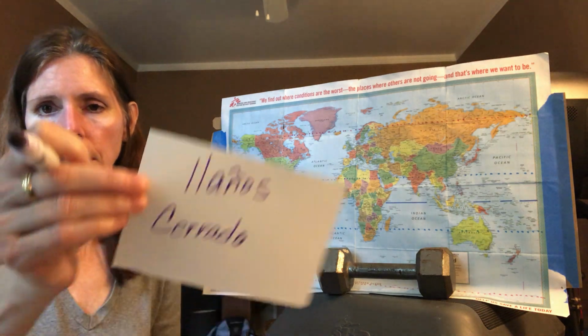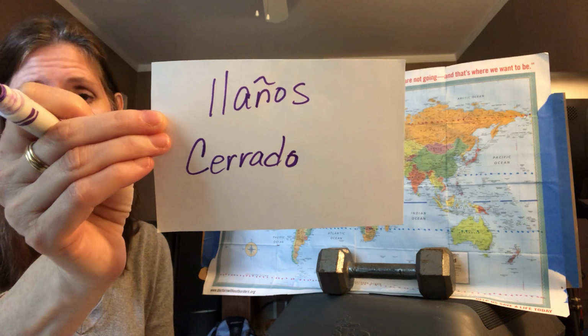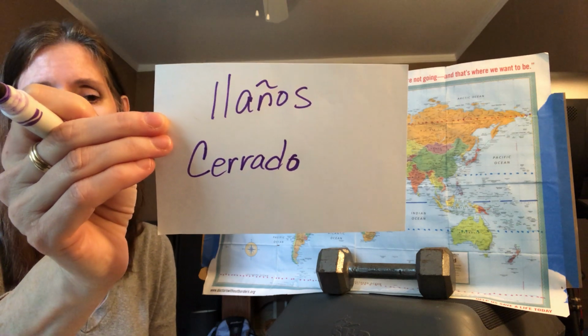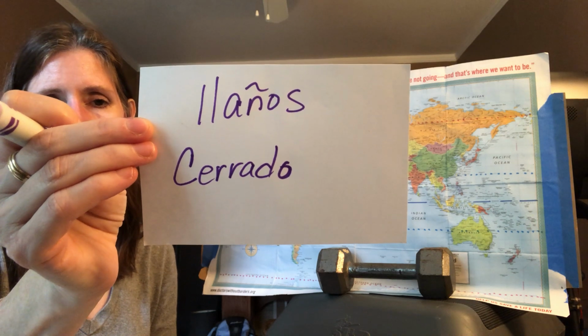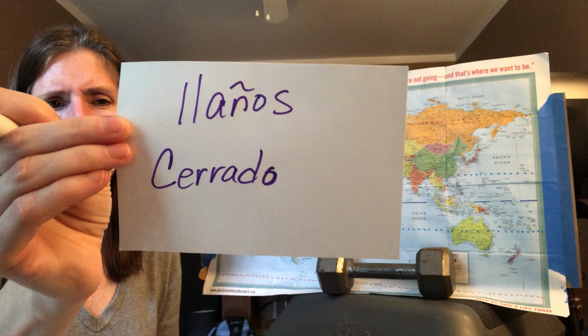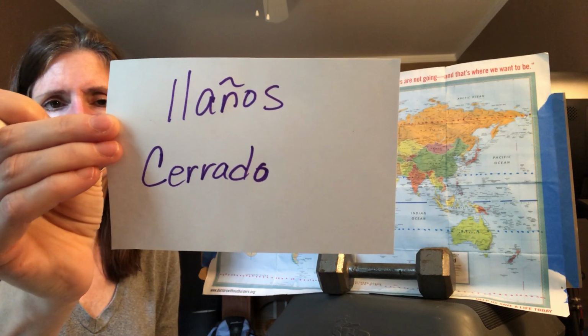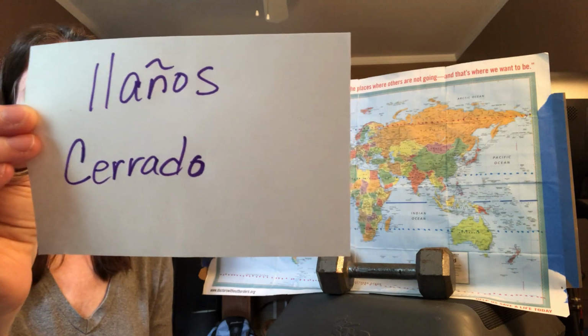All right, so here are the two, Llanos and Cerrado. All right, but it's a savanna. It's the exact same thing. The area is not near as vast as you will see in Africa, and they don't really have the big native herd animals that we see in Africa. We don't see those in South America.